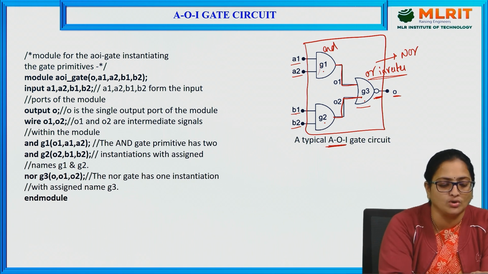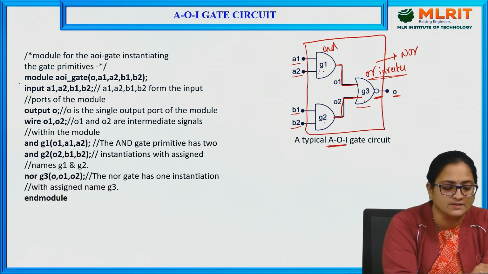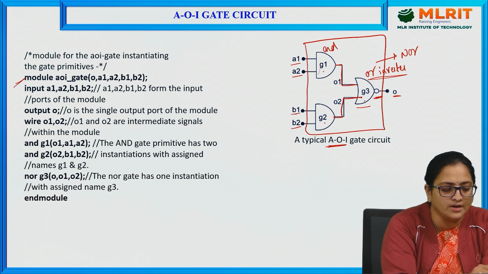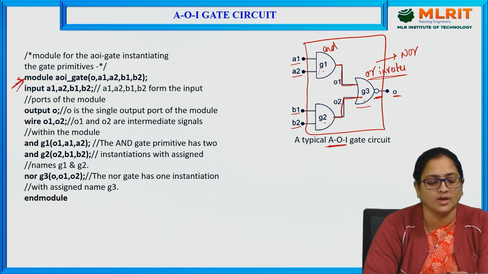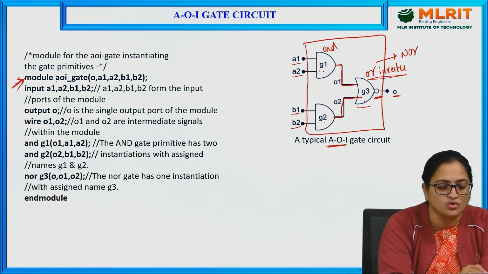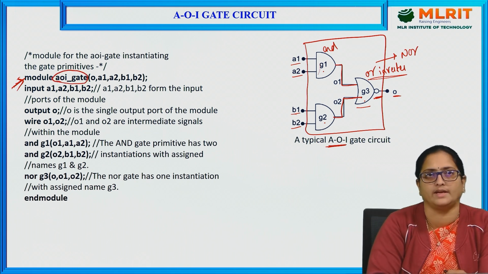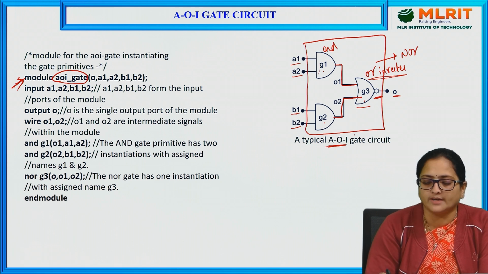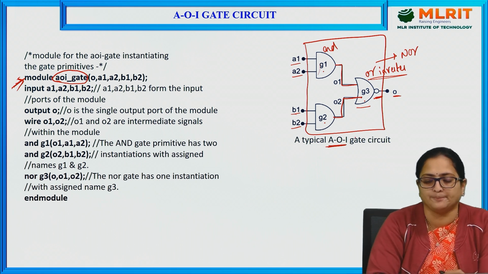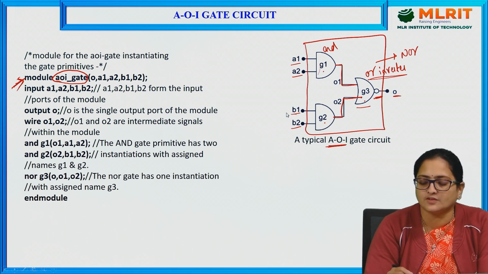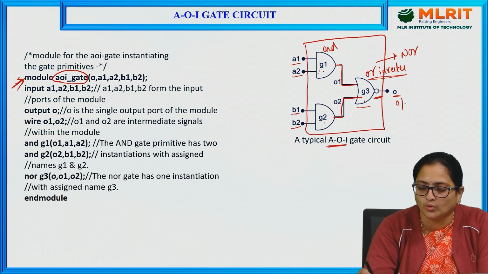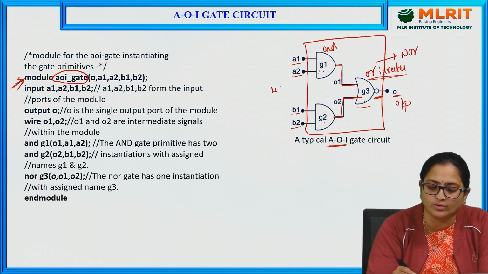See here, module. This shows that your program starts with this module. The name of the module, I have taken as AOI underscore gate. So this module consists of one output port and 4 input ports.